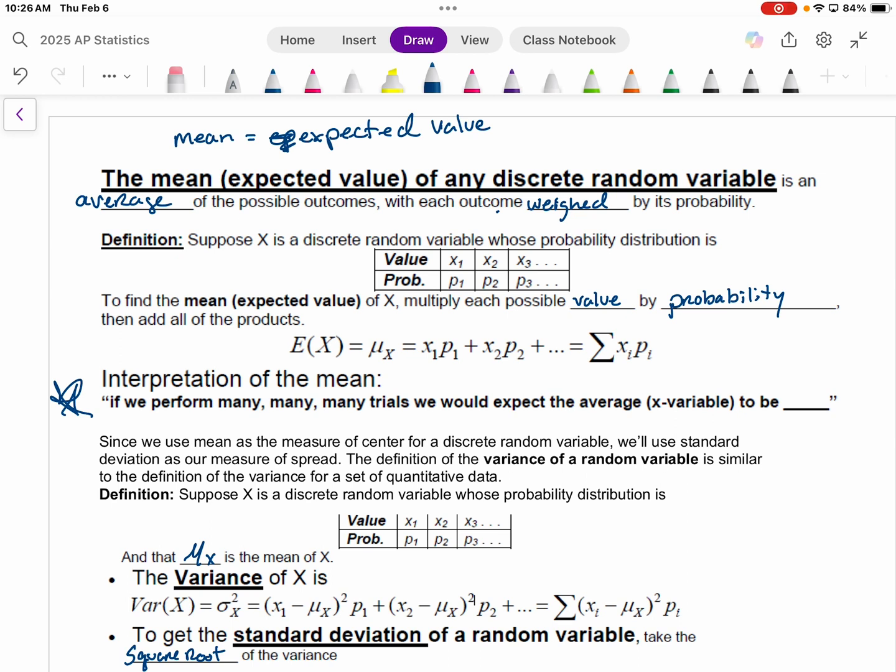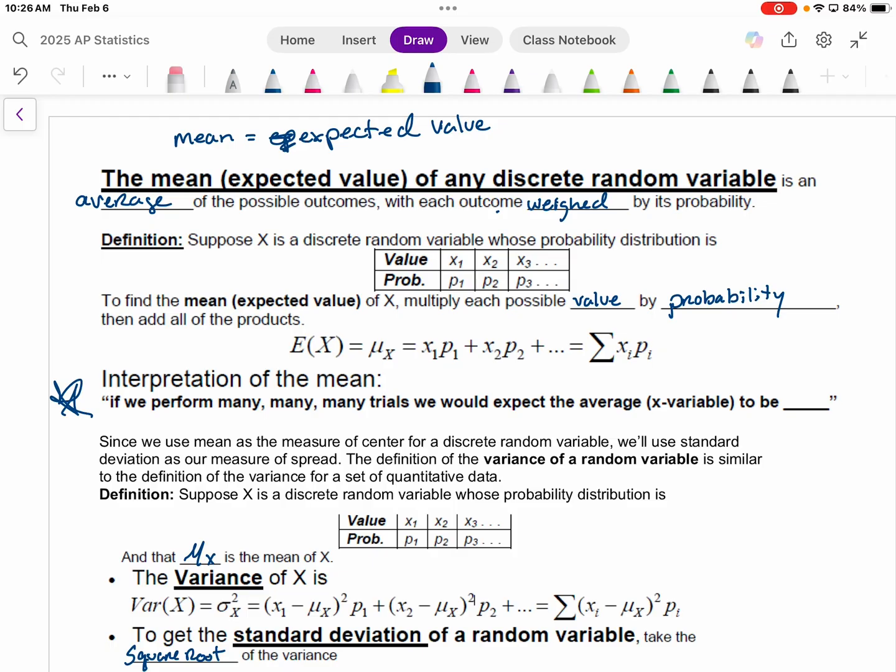However, when it's a discrete random variable, it's not just adding up each event of 1 goal plus 2 goals plus 3 goals and 4 goals. It is actually, we take each individual event, multiply it by its probability, and that's where we call it weighted. We multiply it by its probability, then we get to add up what it is.